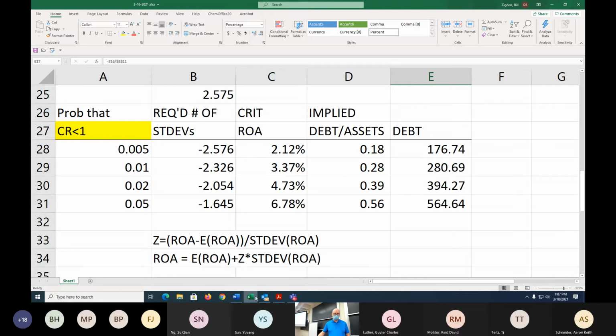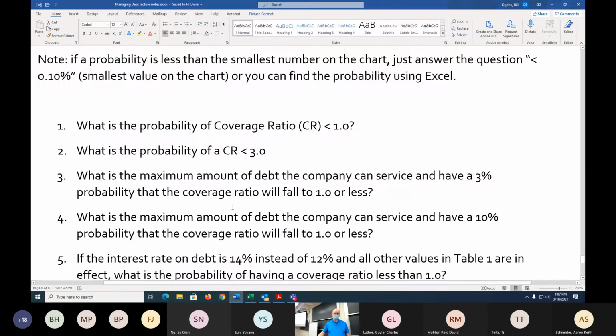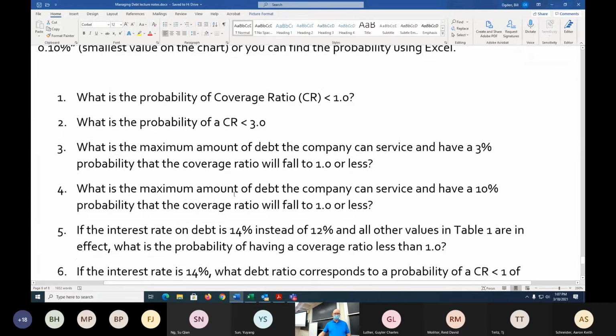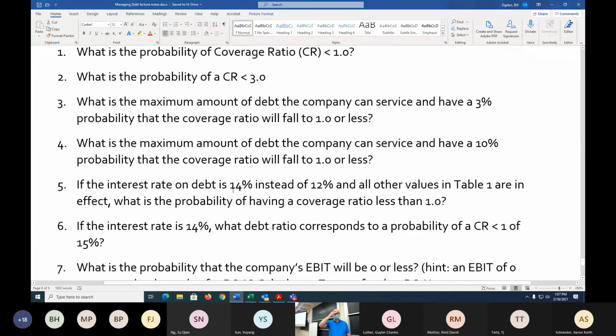All right, well, that won't be so hard, I hope. Okay, so question 4, what is the maximum amount of debt? Oh, look at that, a 10% probability that the coverage ratio will fall to 1 or less. All right, you get up to 10%, you're talking some serious debt. You'll be getting a very high debt ratio.